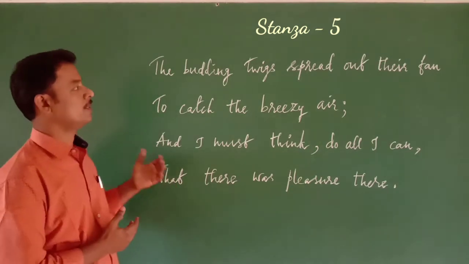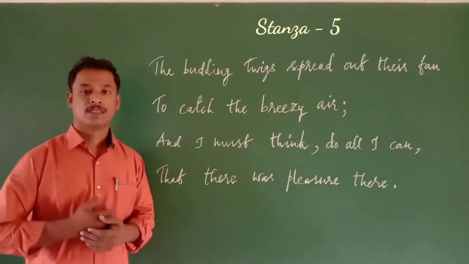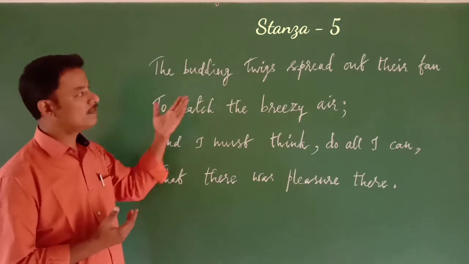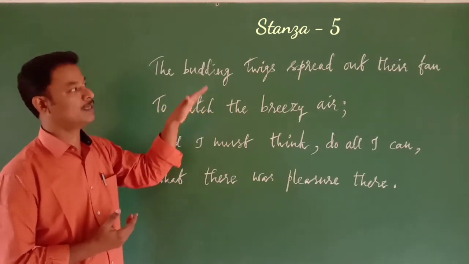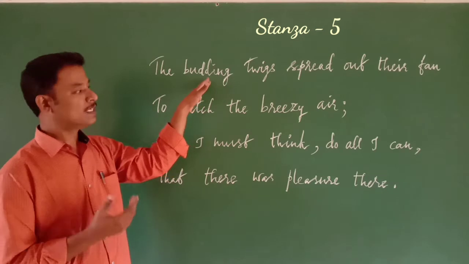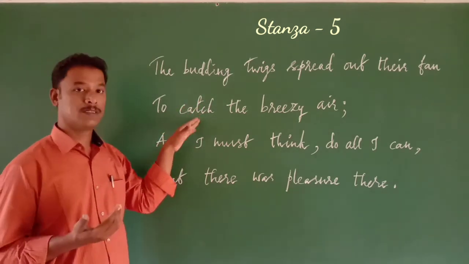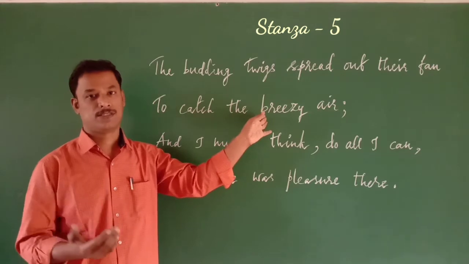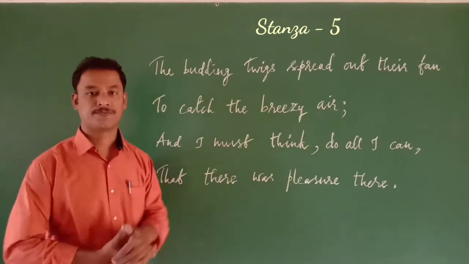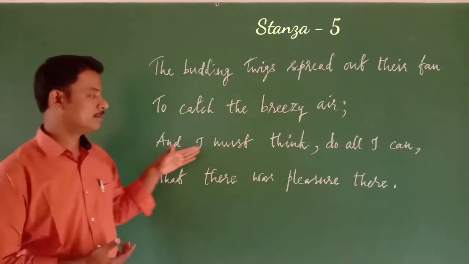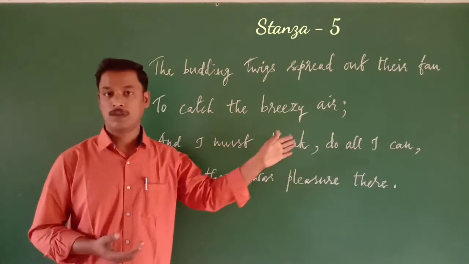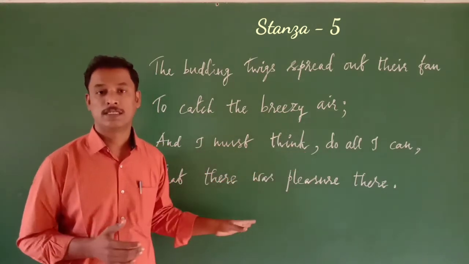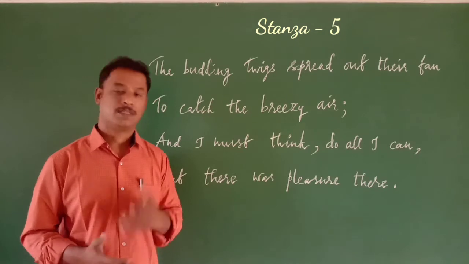Here, the poet conveys that the growing small leafless branches, that is, the budding twigs, spread out because they want to catch the flowing breeze which is sweet and light. And the poet must think that, whatever he could do, there was pleasure there.